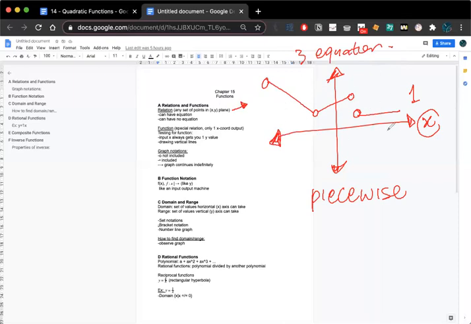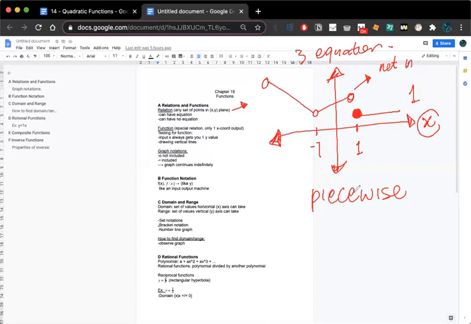So in the case of a piecewise function, if you have a circle, that means that the value is not included. For example, let's just say this is 1, this is -1. And in the case of this, let's just say this is colored, this is only a circle. So this value would not be included.